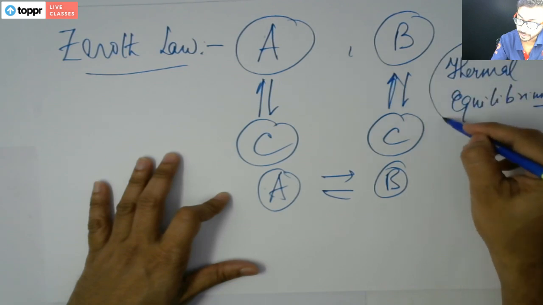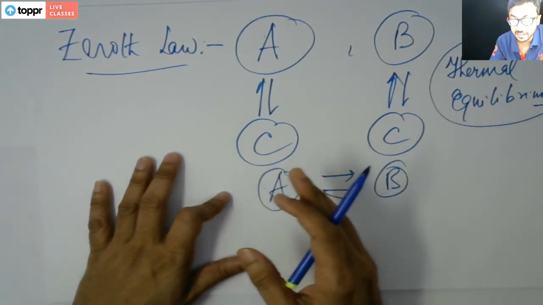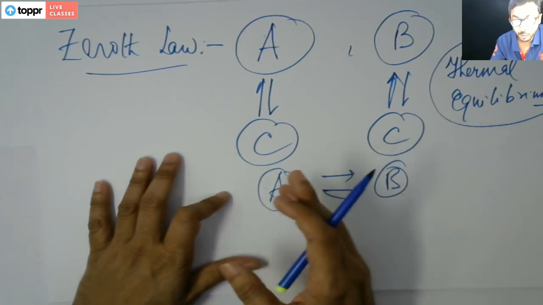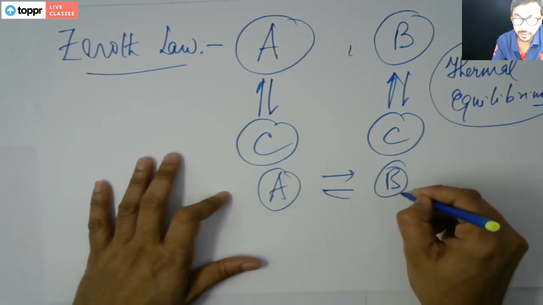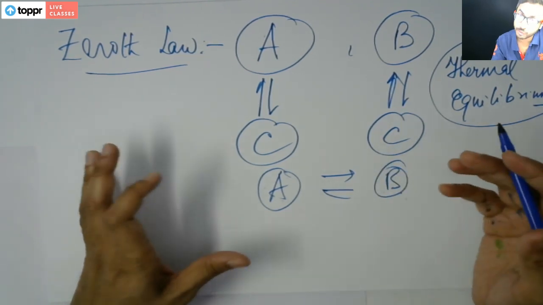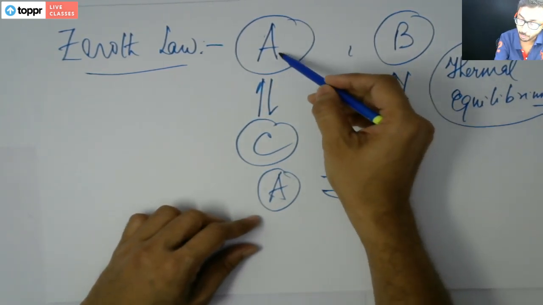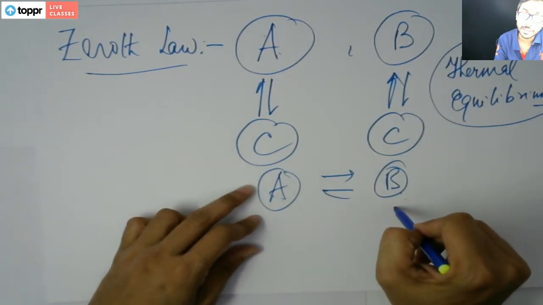What is the meaning of thermal equilibrium? Thermal equilibrium means that there is no exchange of heat between the two systems. And when there is no exchange of heat, you know from your basic idea of heat and temperature that these systems will be at the same temperature.